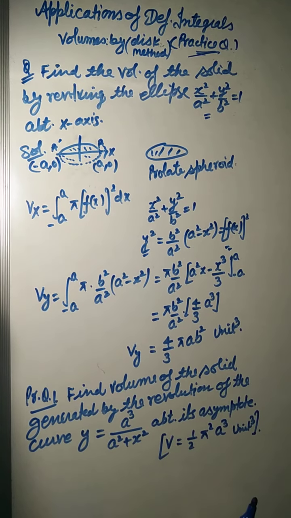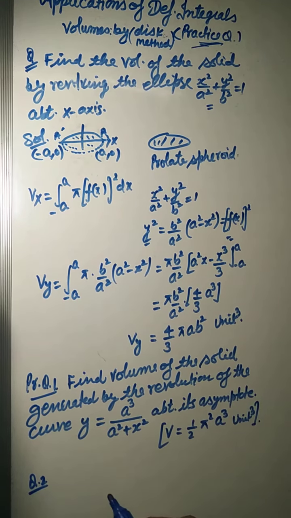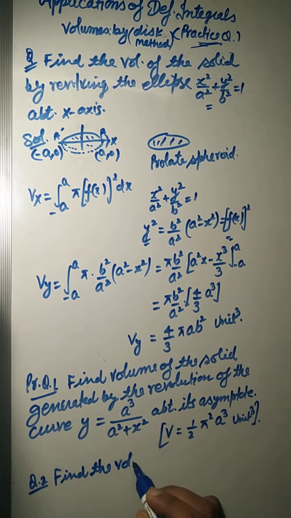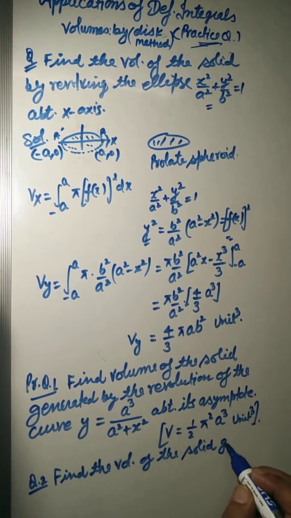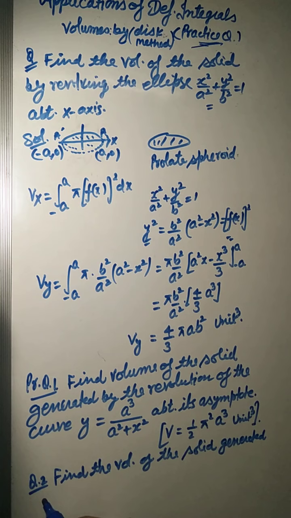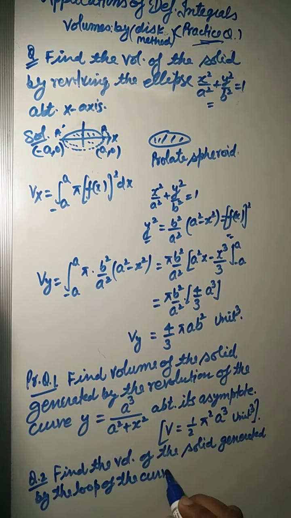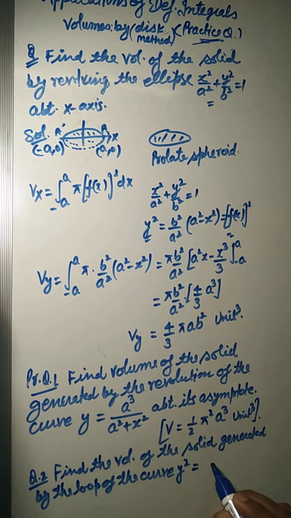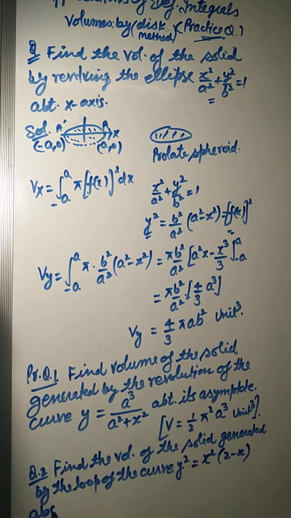Another practice question we have: find the volume of the solid generated by the loop of the curve y squared equals x squared times 2 minus x about x-axis again.